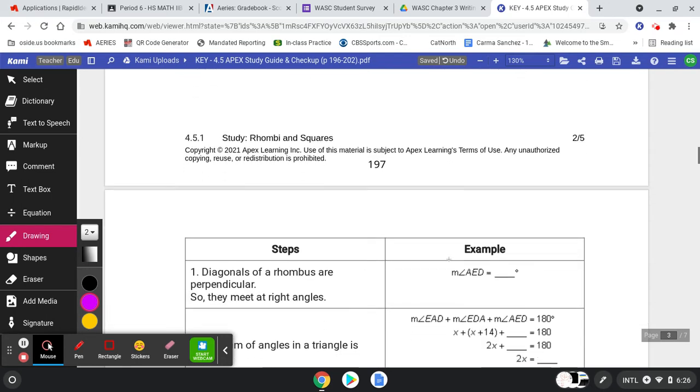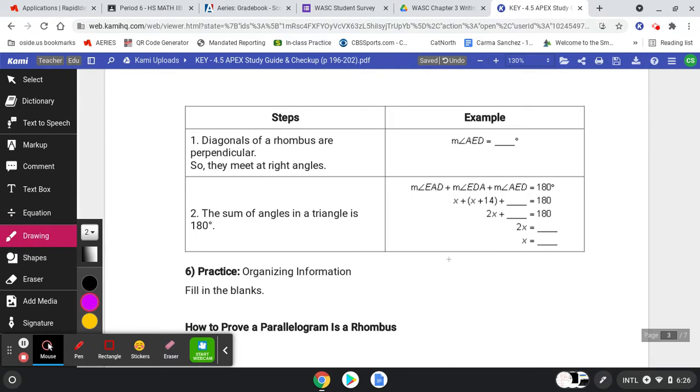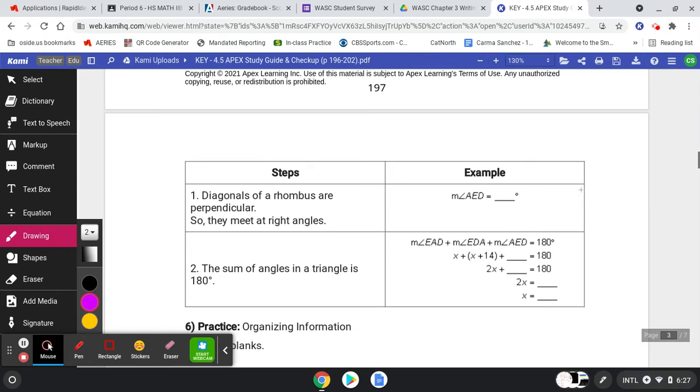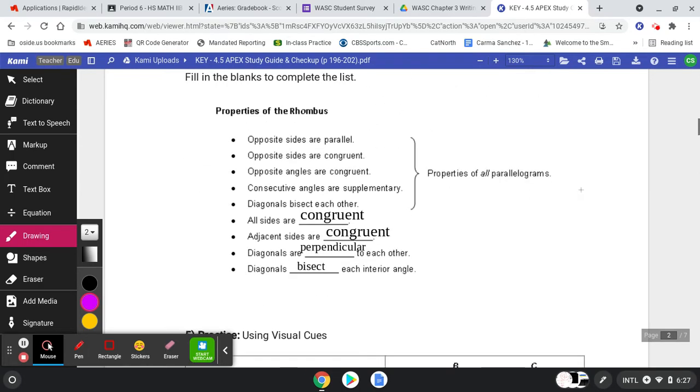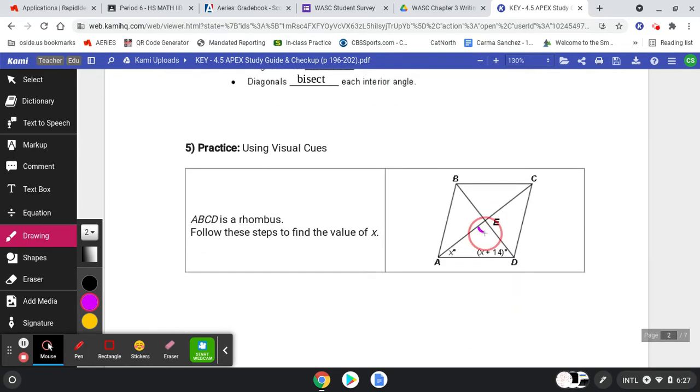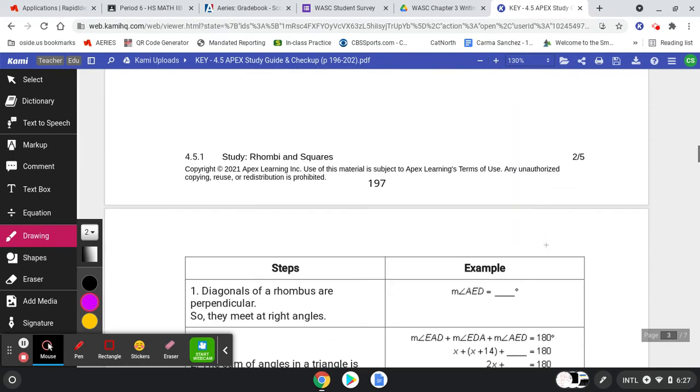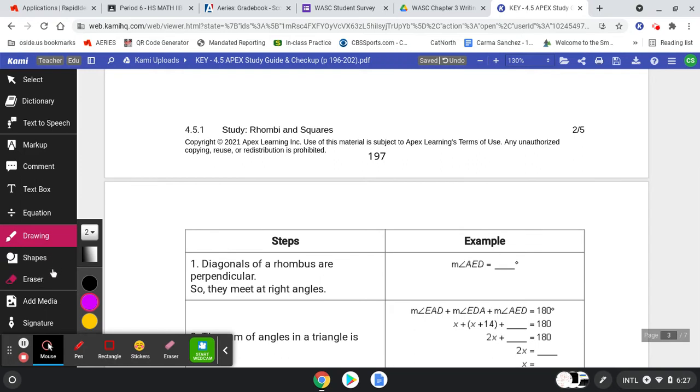Follow the steps to find the value of X. So unlike the rectangle yesterday, where we could just assume that was an isosceles, let's see what's going on here first. If the measure of angle AED, so going back up here, AED right here, they're telling us is equal to 90.